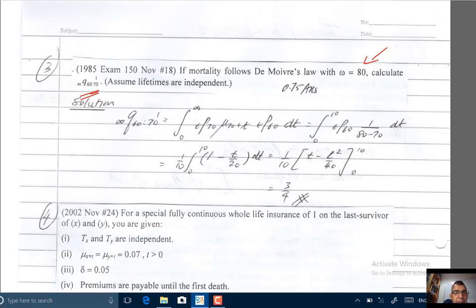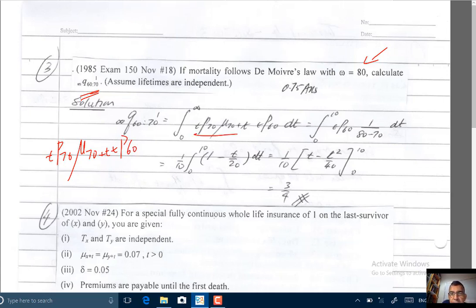So if 70 is going to die before 60, let's kill 70: TP70 mu 70 plus t. And when 70 dies, 60 is alive, so I have TP60. That's what you see here. We are integrating from 0 to infinity with respect to t.